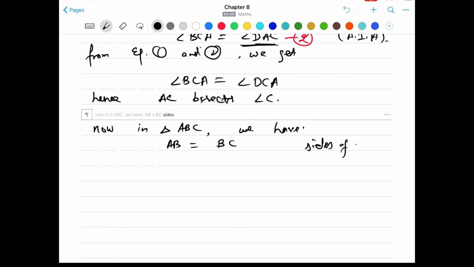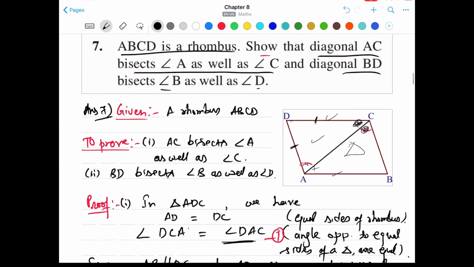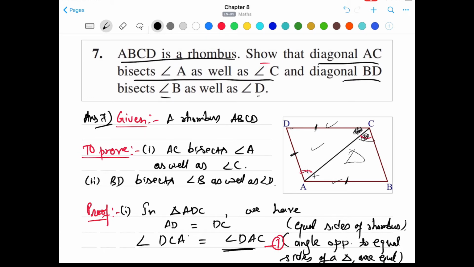We know that in a rhombus all four sides are equal. That's why these two sides are equal. Now we'll use the isosceles theorem, which says the angles opposite to equal sides are equal. So the angle opposite to side AB is BCA and the angle opposite to side BC is angle BAC.